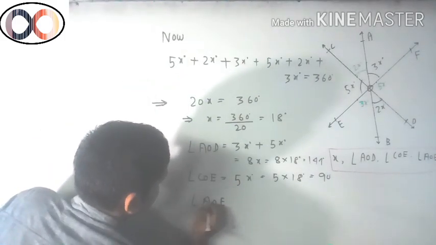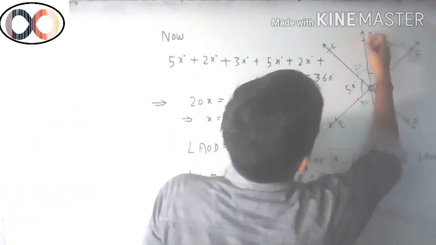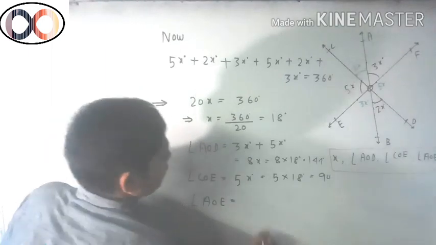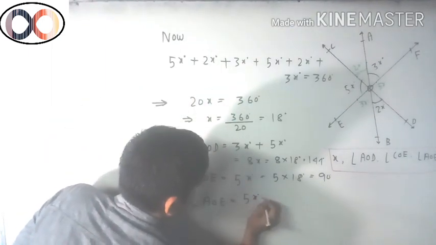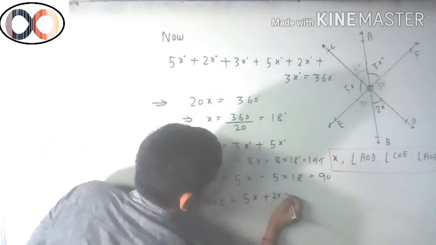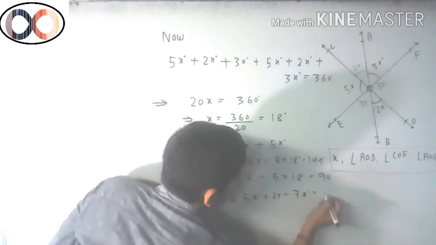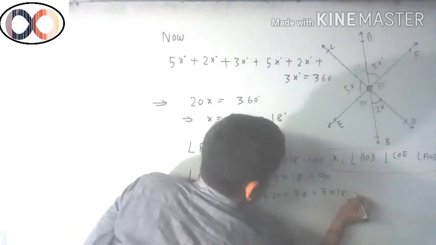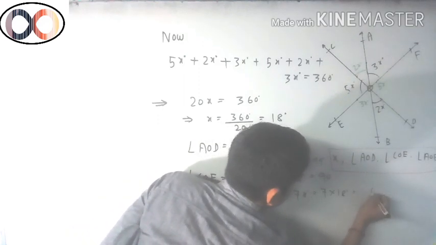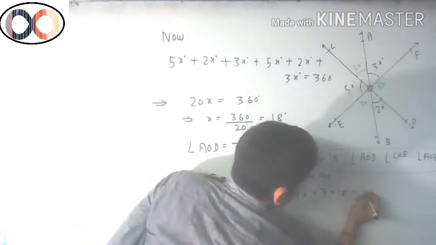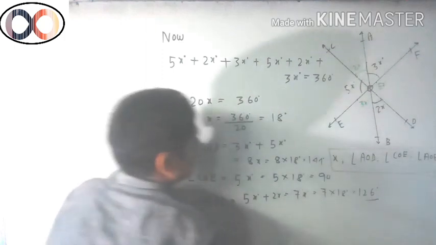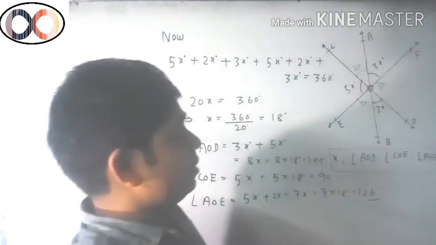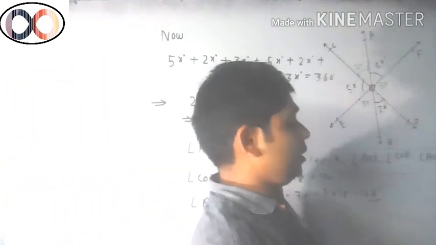AOE is 5x plus 2x, that is 7x, and 7 into 18 degrees is 126. So those are some examples of application of the complete angle, students.